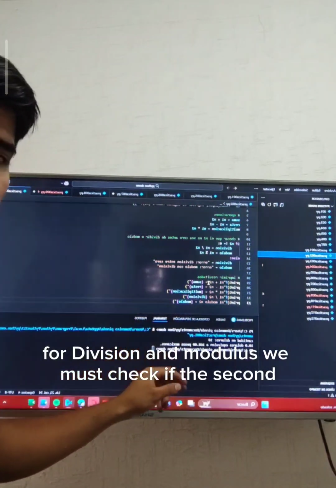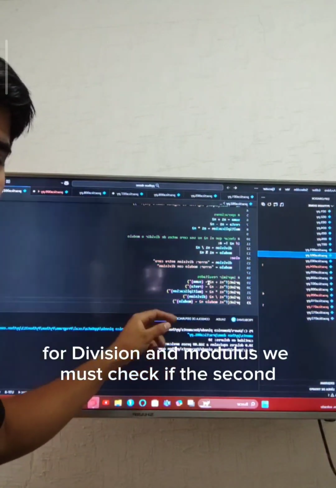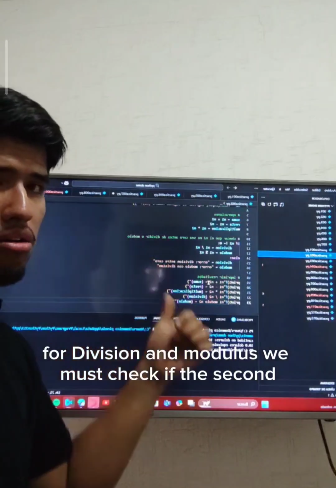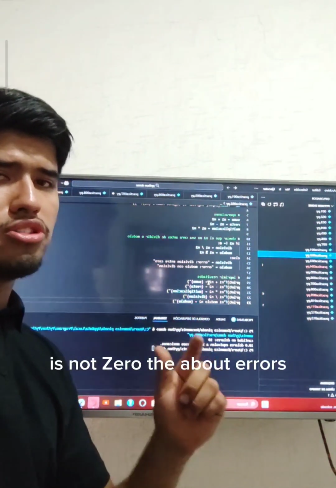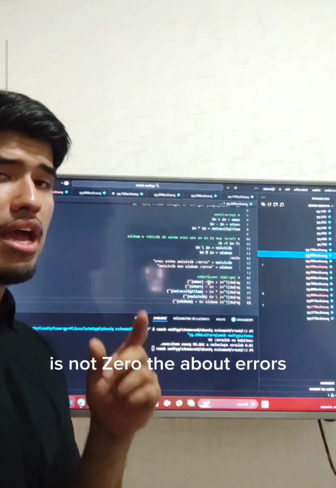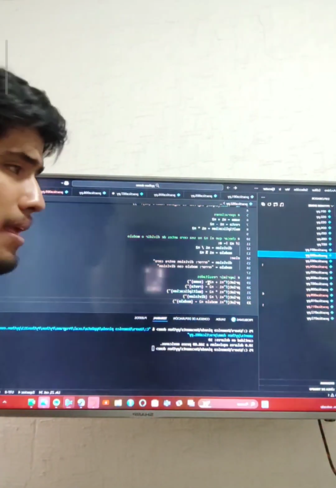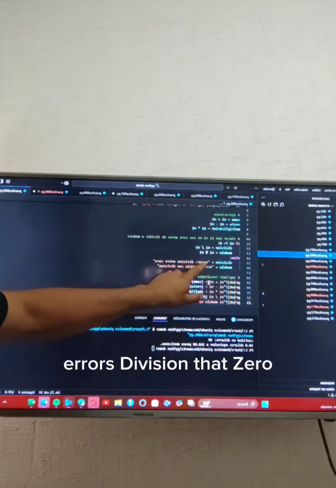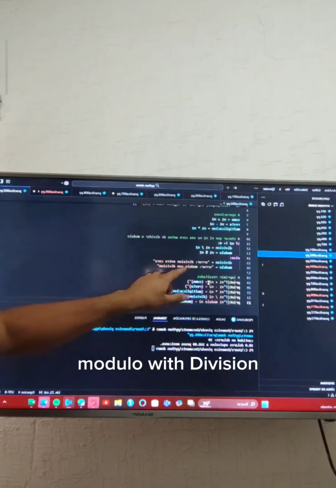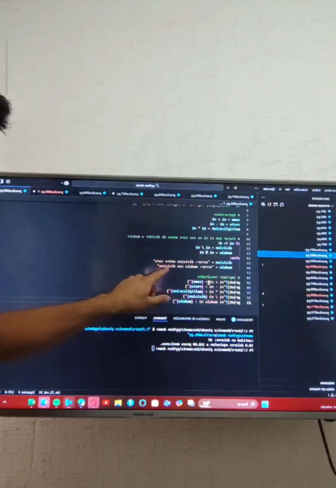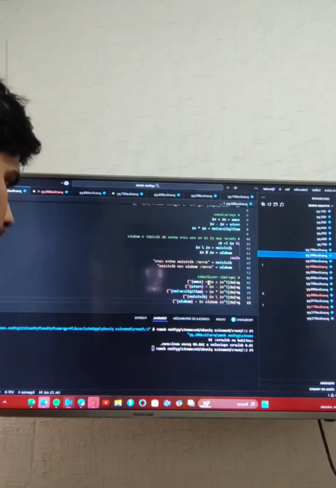For division and modulus, we must check that the second number is not 0, to avoid errors. Division by 0 and modulo with 0 give a division error.